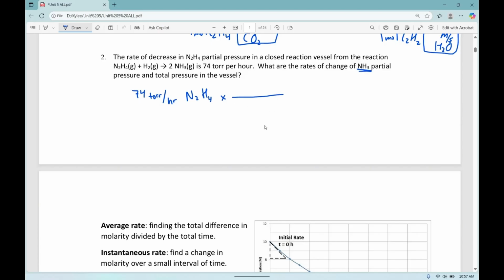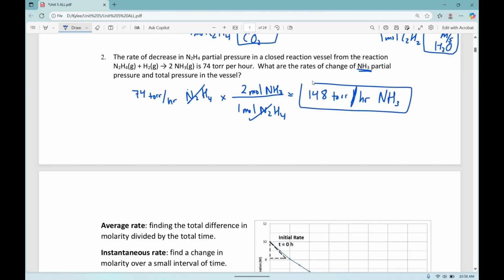That's going to be my product that is being produced. So I go to the balanced equation, and it is 1 mole of N2H4 for 2 moles of NH3. So I am going to double that and get 148 torr per hour, and that is the appearance of NH3 as our product.